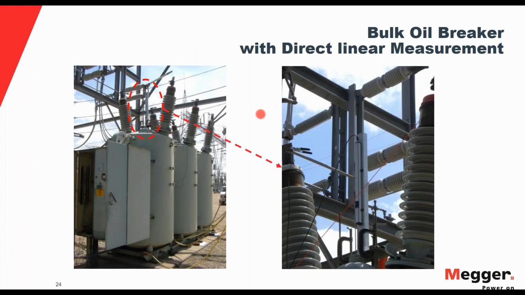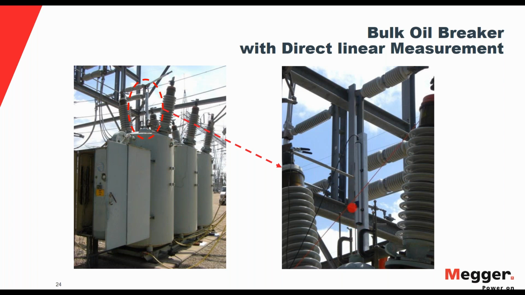So the first thing here, I have a bulk oil breaker. I know these are quite old now and obsolete, but some of them still exist, and this is a good example. I have my linear transducer with direct connection to the interrupters. It's available in the top, and this is a zoomed in picture for it. You can see the transducer arm.